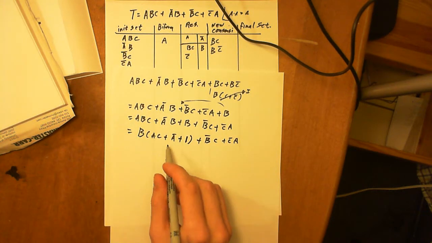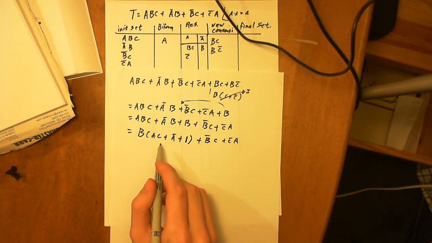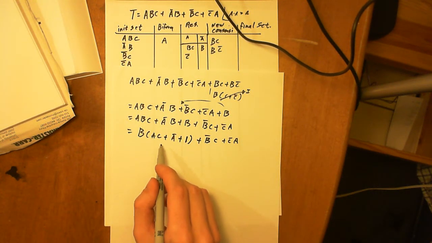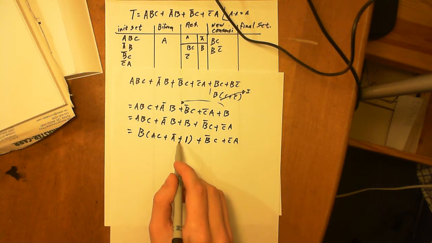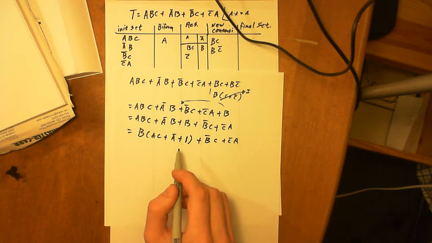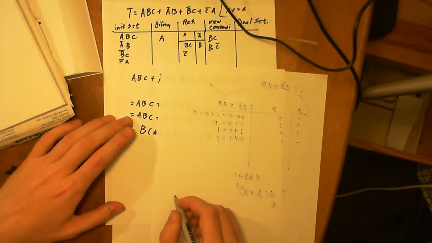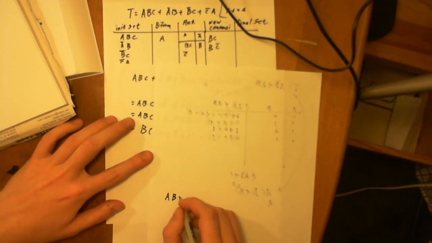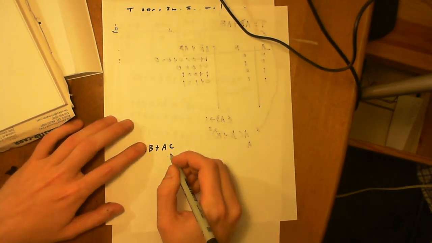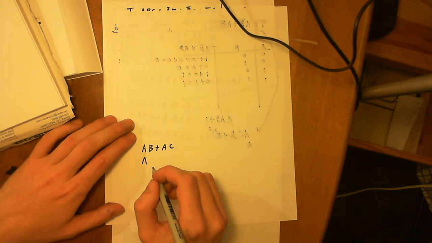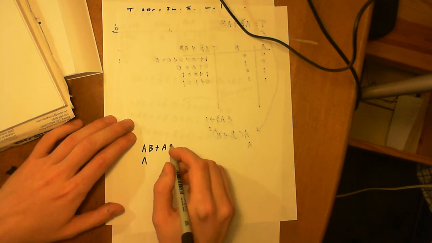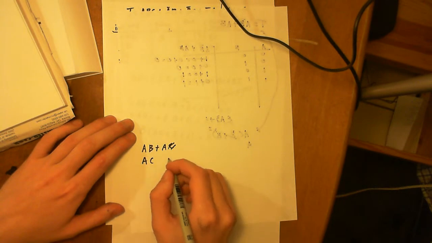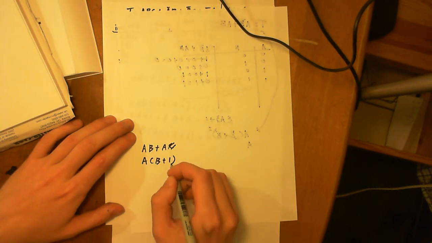Now, whenever you have an expression like this, where you have a 1 with the OR operation, this is going to just reduce to the identity. I can prove this here. If I have the term ab plus ac, and I factor out the a, it's a times b plus 1, b or 1.